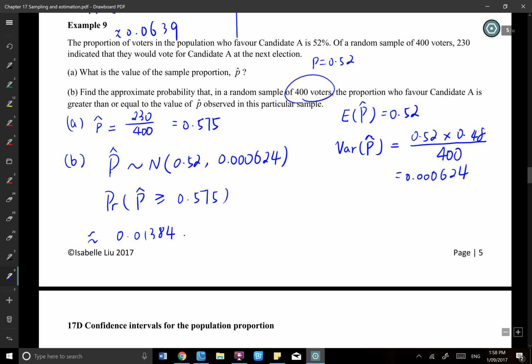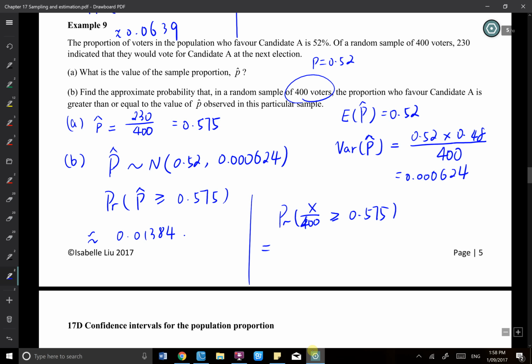Well, you can find the exact. How do you find the exact? The exact will be the probability that p hat is greater than or equal to 0.575, that is, the probability that X over 400 is greater than or equal to 0.575.